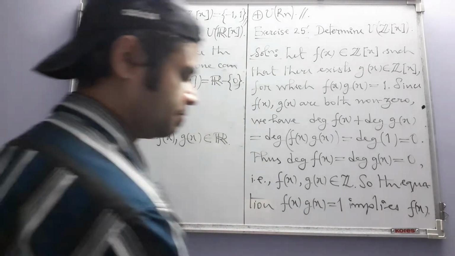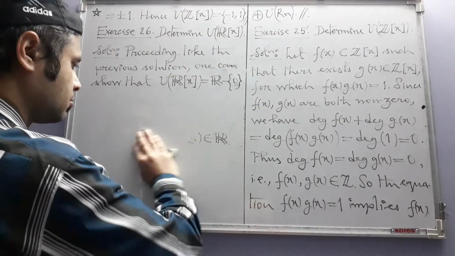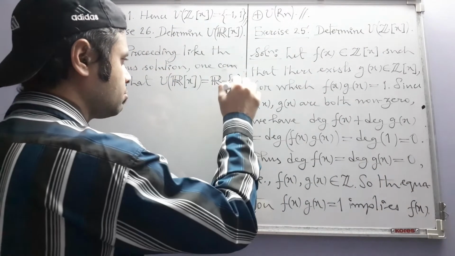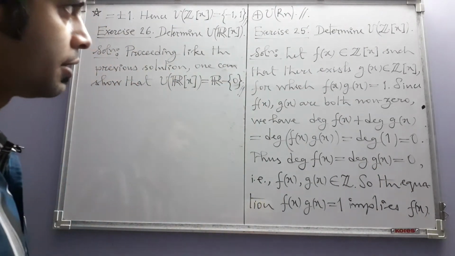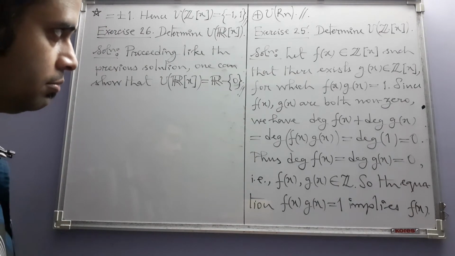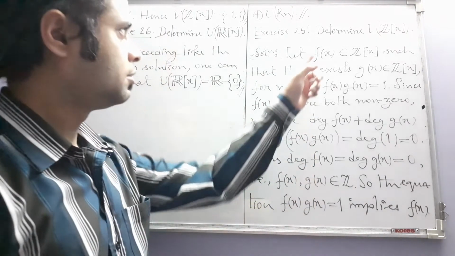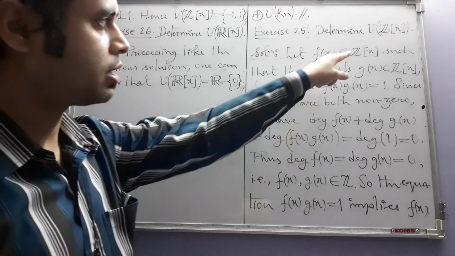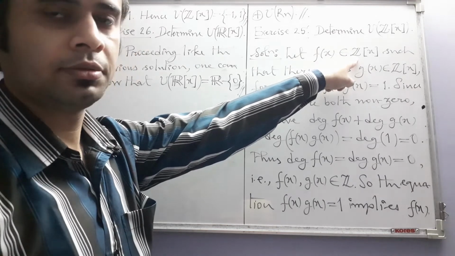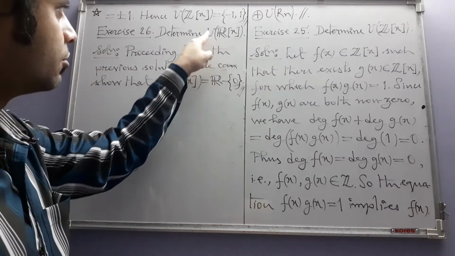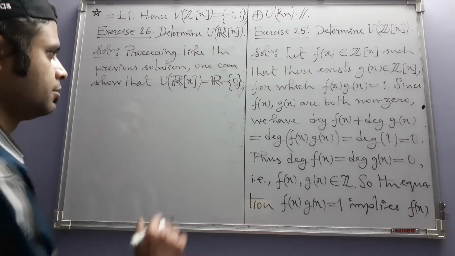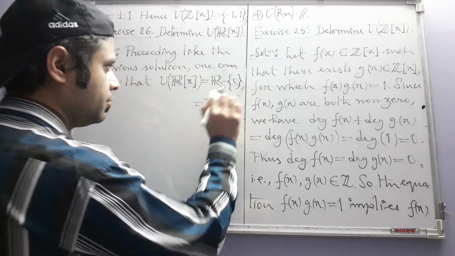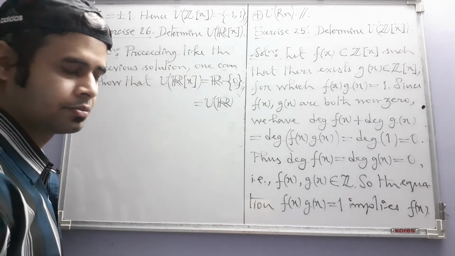Proceeding similarly. Do you notice one thing, that here the group of units turns out to be equal to the group of units of this ring. In this case, the group of units turns out to be the group of units of the ring R.